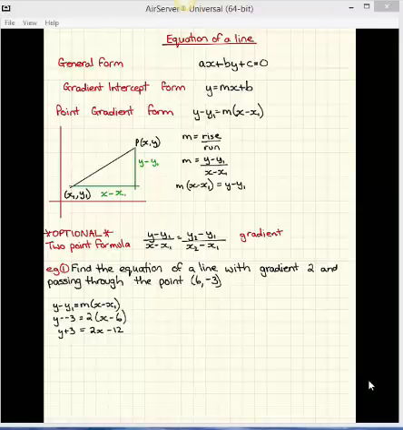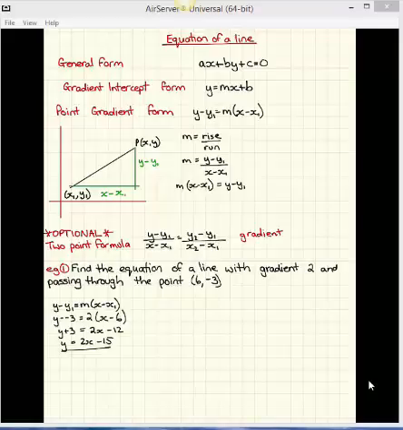Now it's up to you here which form you want to put your equation into. If you want to use the gradient intercept form, then what we need to do is subtract the 3. And you stop there.